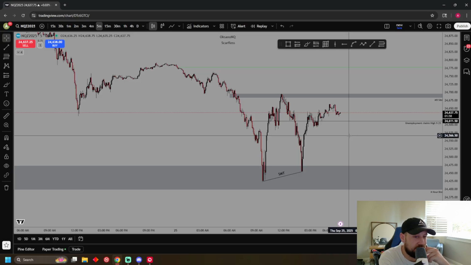You could use that as a midnight open thing. If we're trading below it, we short; if we're trading above it, we long. I'm just trying to notice more things, mark more things, and trade more ways.